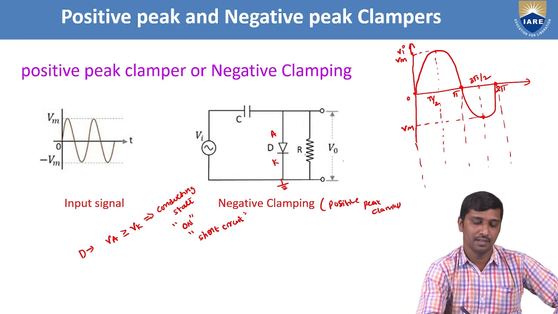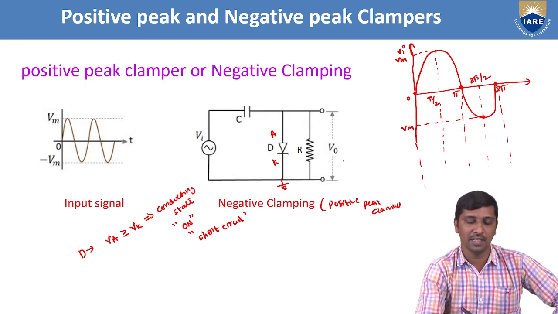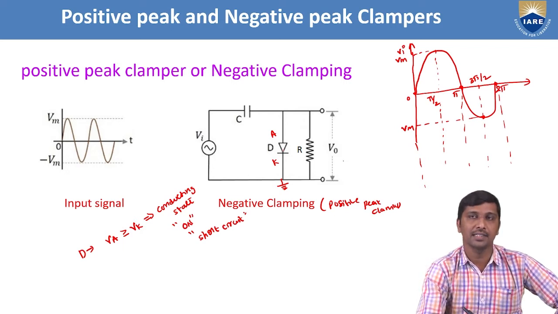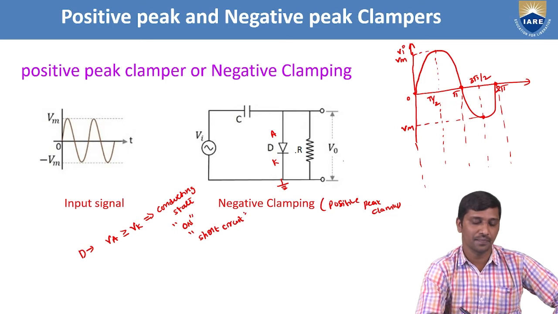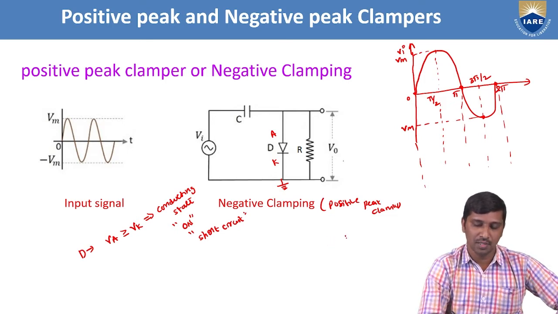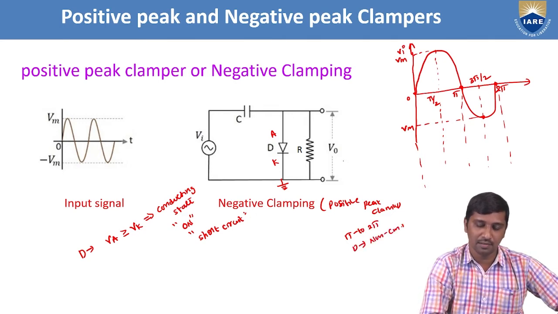During this cycle, the diode gets reverse biased. Why? Because the anode voltage is less than your cathode voltage. Hence, under this duration, the diode acts as a reverse biased diode, and the state is represented as a non-conducting state. That is the reason that during this pi to 2 pi duration, the diode acts as a non-conducting state here.